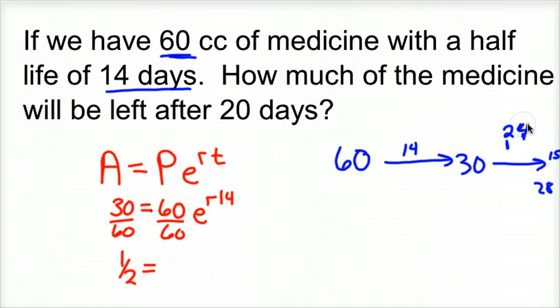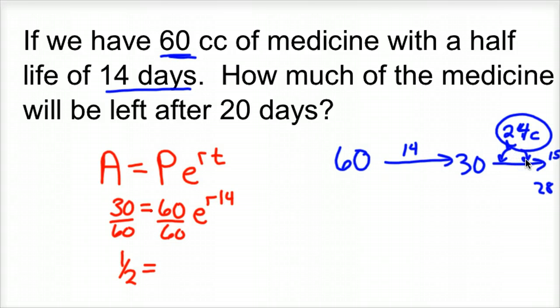Something in that vicinity. So we had 60 cc's, then 14 days later we had 30 cc's, then 14 more days later we'd have 15 cc's. So 28 total days we'd have 15 cc's. So 24 is going to be somewhere in this vicinity.